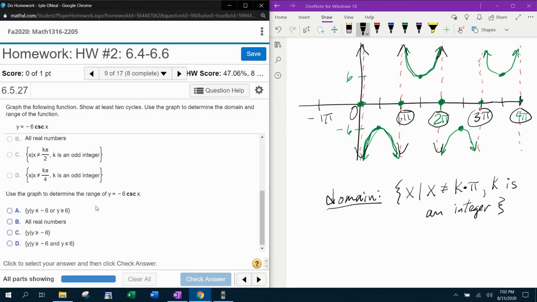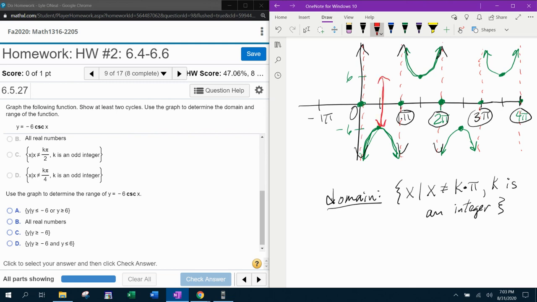Now the range, if you go back and look at our graph, you're going to notice that there's a whole range of values in here in the middle that y cannot be. Anything from -6 to 6, there's no graph in here. It's all empty space in here.